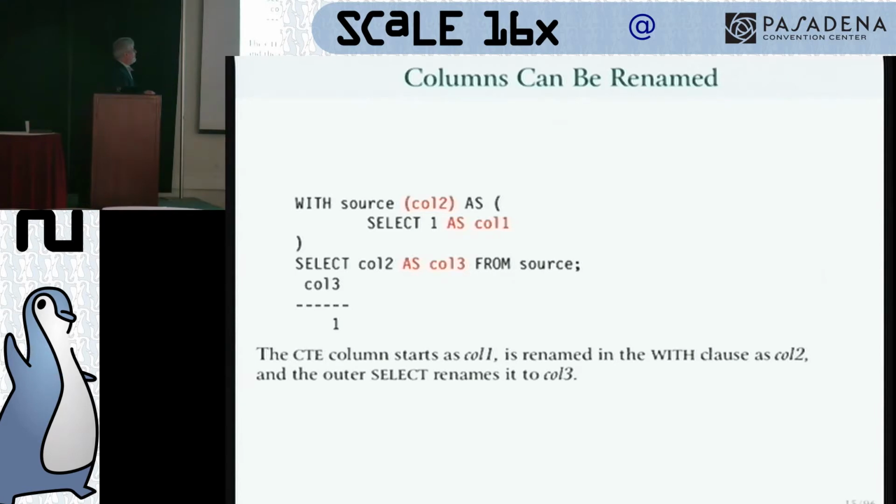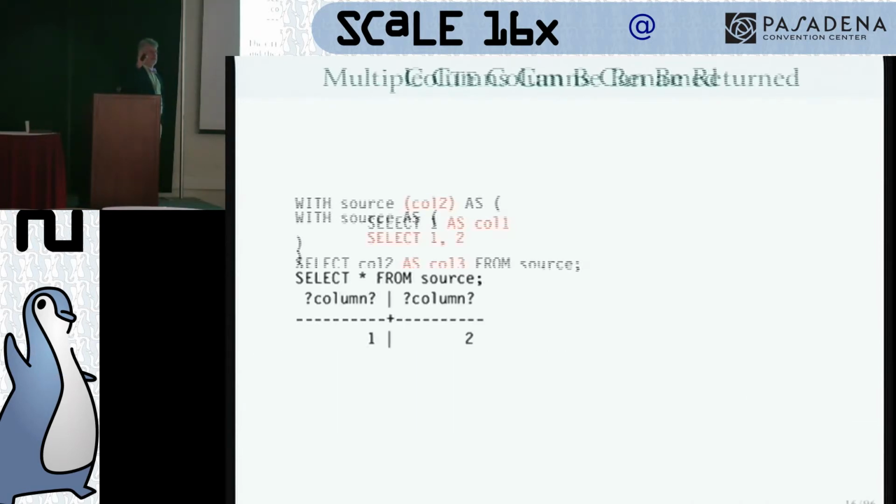Notice I had to call it col2 here because I had to reference this one, and then it actually comes out as col3. So I'm going from col1, col2, col3, same data. I'm just labeling it three different times. I think this is illustrative of what you do. Again, we start really slow, but we're going to get to some really crazy stuff. If you don't see crazy stuff by the end, I want you to tell me.